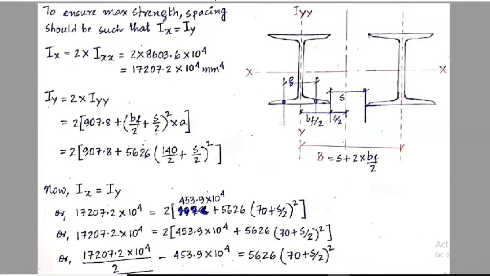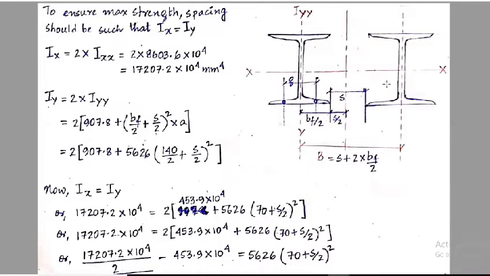Clear? Okay, so what is Ix and what is Iy? Ix is the moment of inertia for the entire built-up column, where the x-x axis will be passing through here. And for the entire built-up column, Iy is the moment of inertia about the y-y axis, which is passing through here.